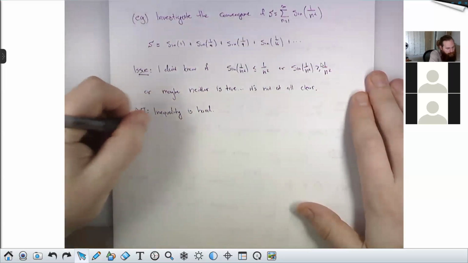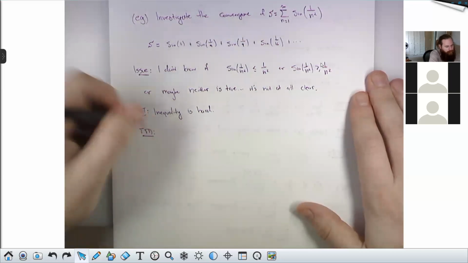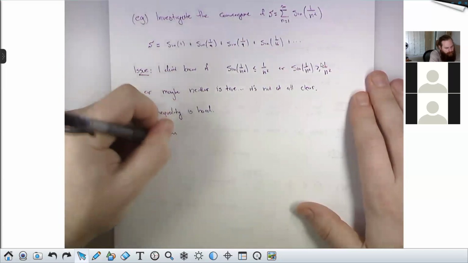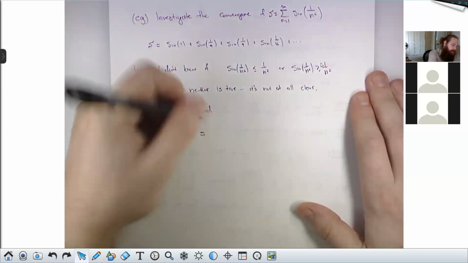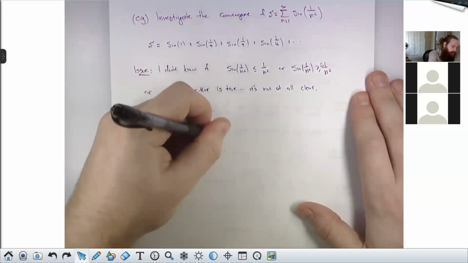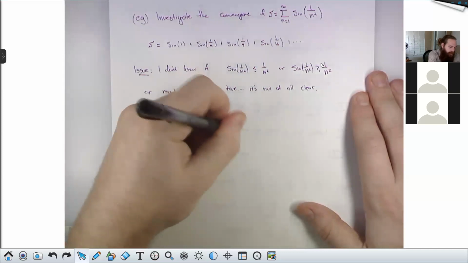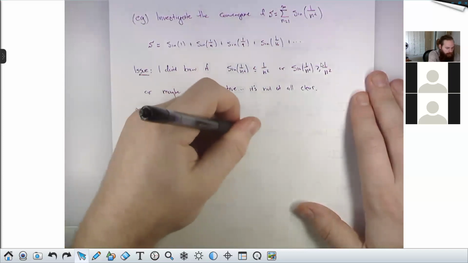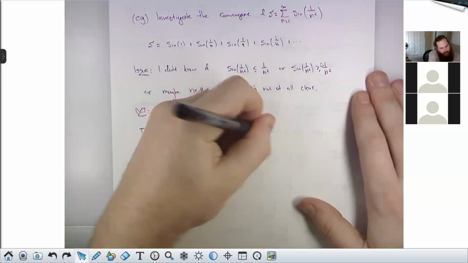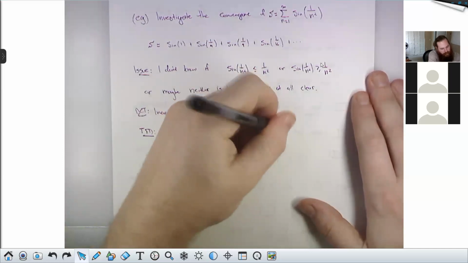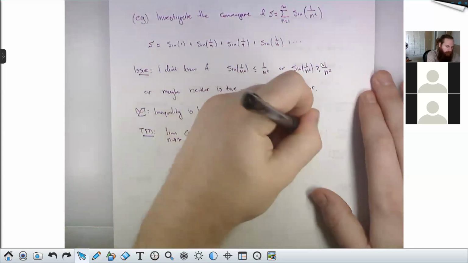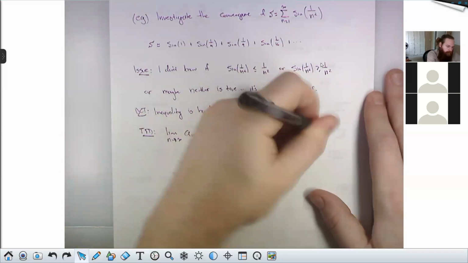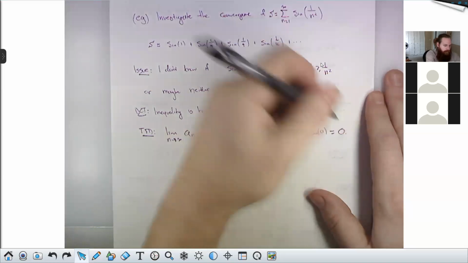I can look at TFD. I can run my test for divergence. Here, the limit as n goes to infinity of the ANs is the limit as n goes to infinity of sine of 1 over n squared, which is equal to the sine of, 1 over n squared goes to 1 over infinity. 1 over infinity is 0, so this is the sine of 0, and the sine of 0 is 0.